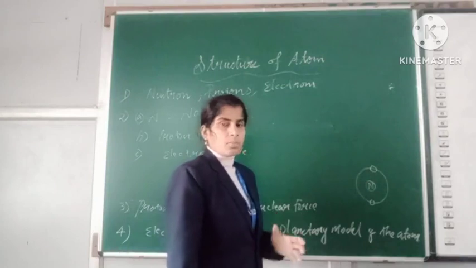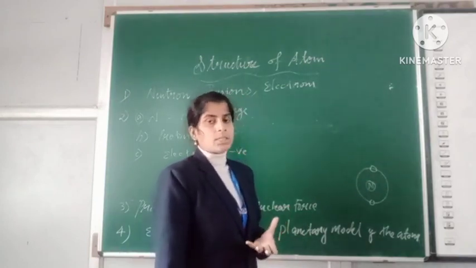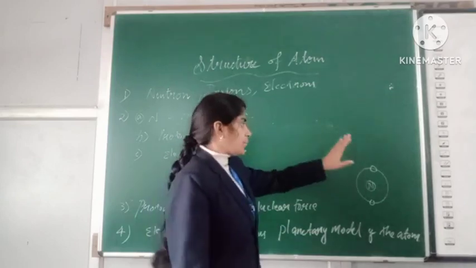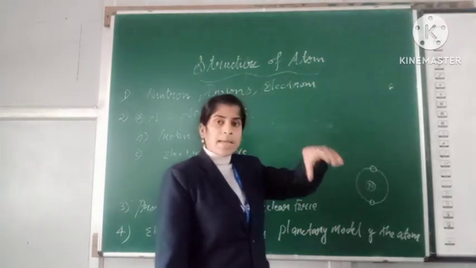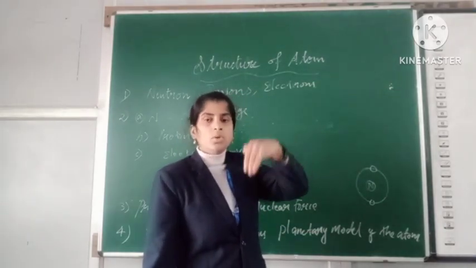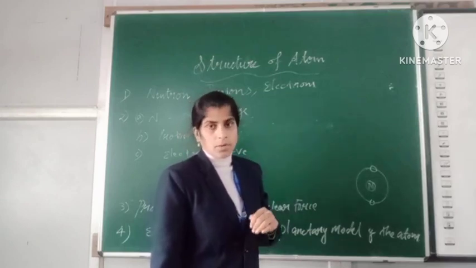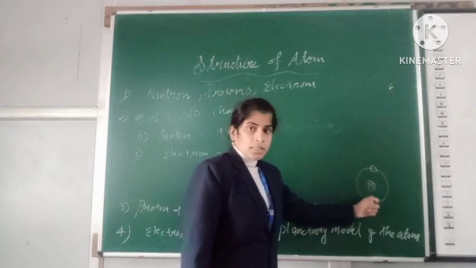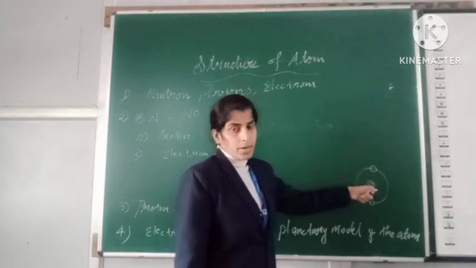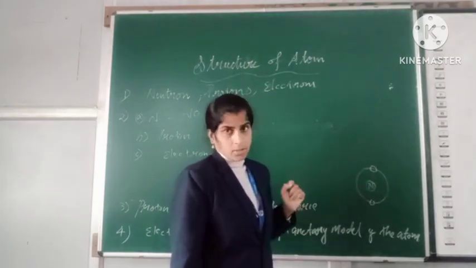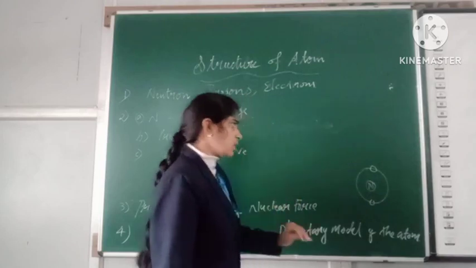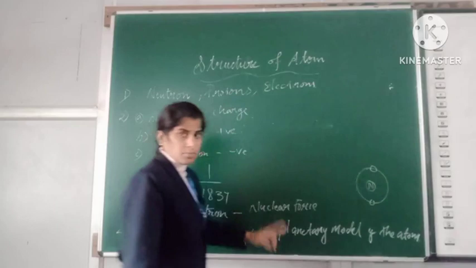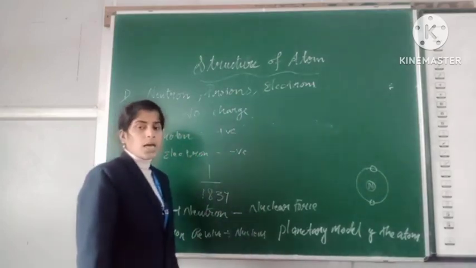Just think, the sun is our nucleus and all the other planets are our electrons. All the planets revolve around the nucleus in their own orbit. All the planets revolve around the sun in its orbit. So this model we call as what? Planetary model of the atom.